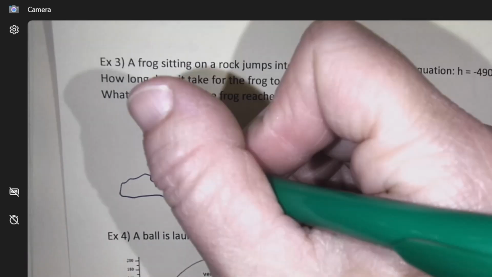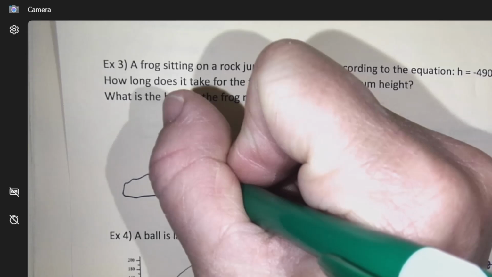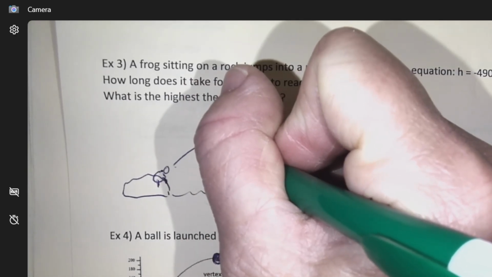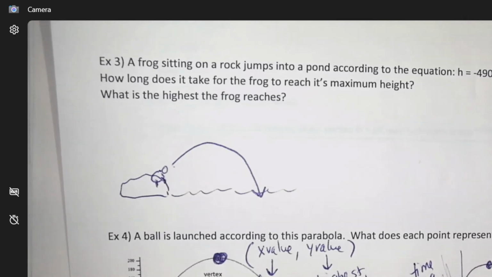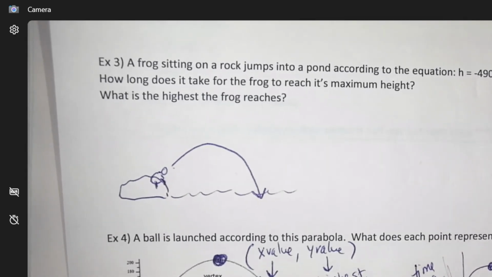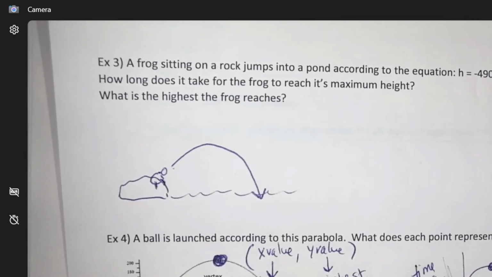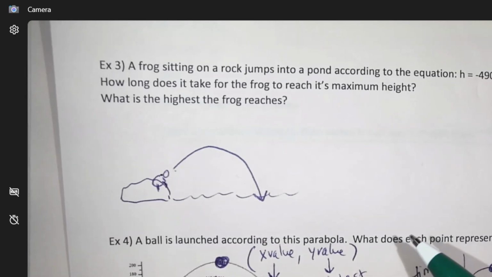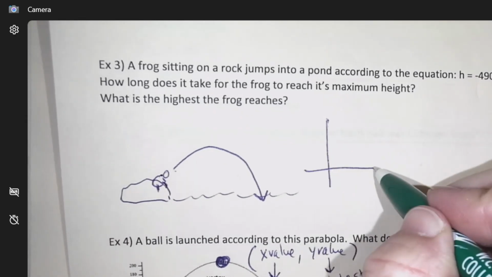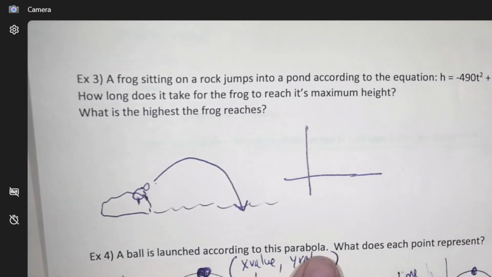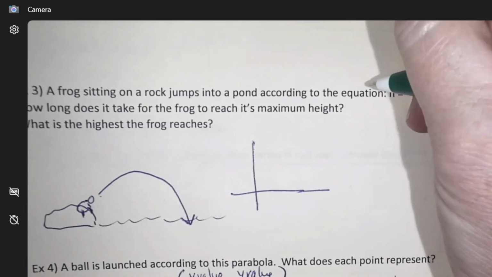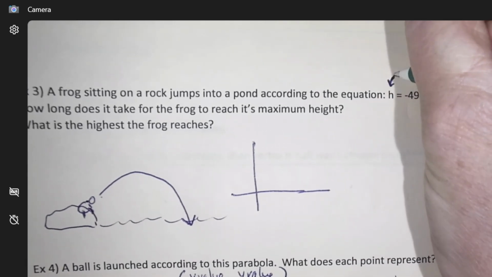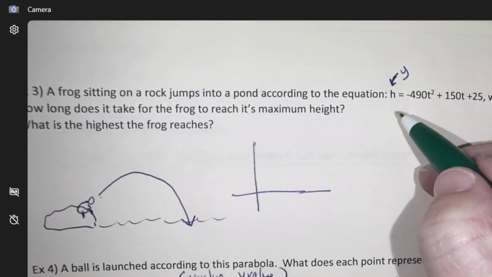Okay, so the frog jumped. Boom, it went up a bit, right? When you jump, you go up, and then this frog is going to splash, right, into the water. So if I'm visualizing this equation, we have H. H is like our y equals.